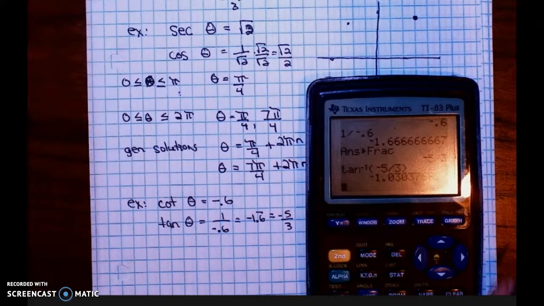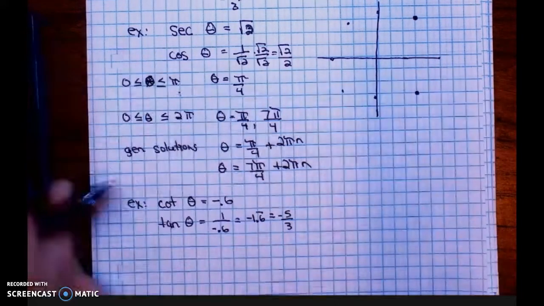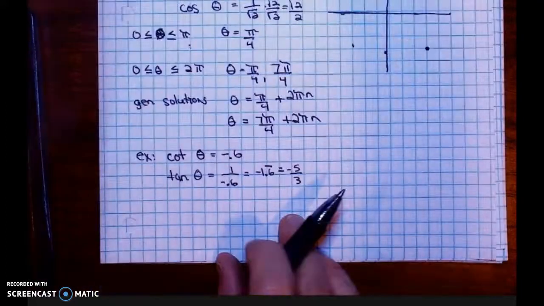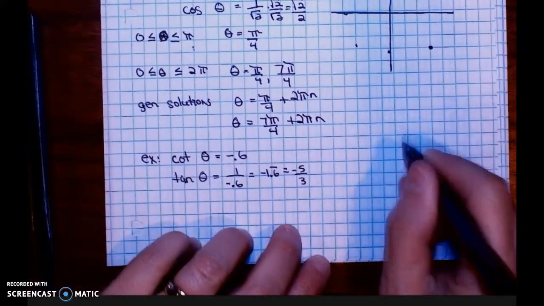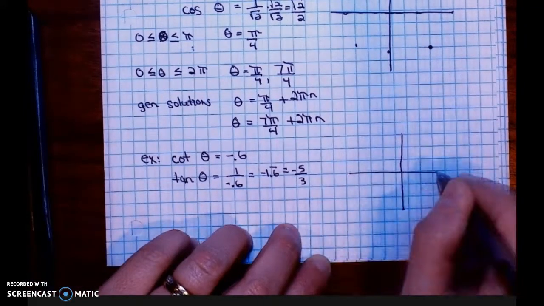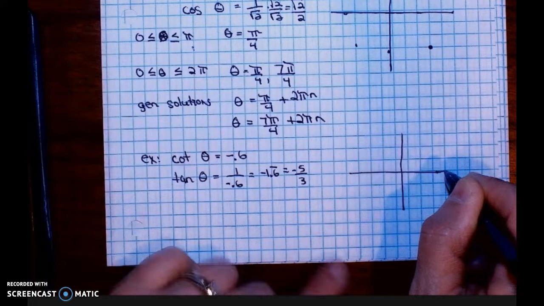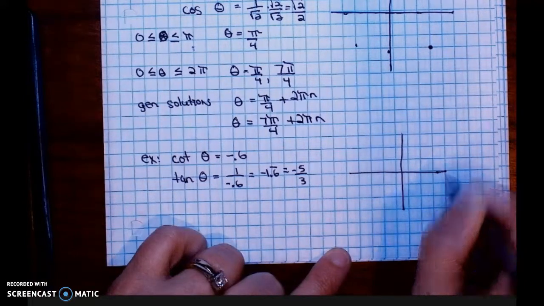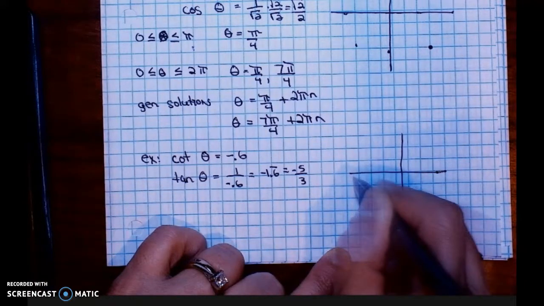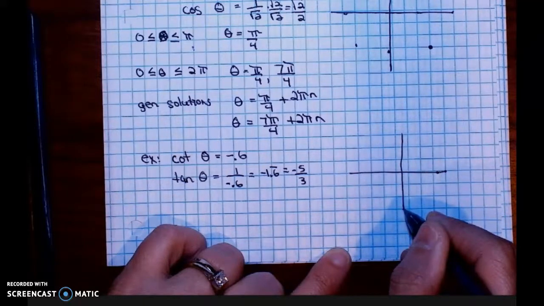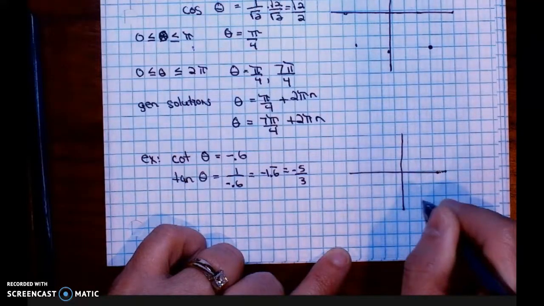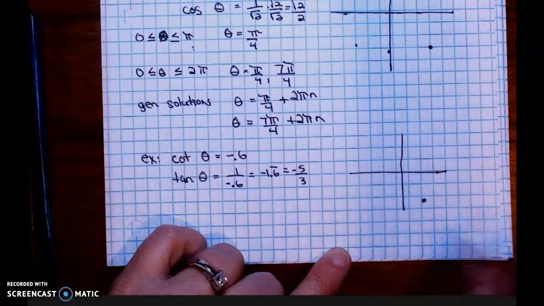So let's think about what that means. If you visualize on that unit circle, negative 1.03 radians, this is 3.14 radians, this is approximately 1.7, negative 1.03 might be down in here.